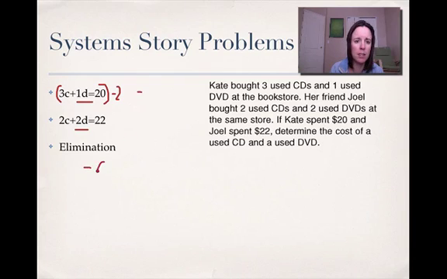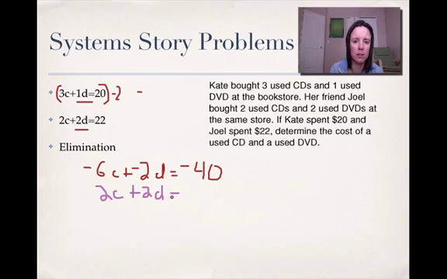So -6c plus -2d equals -40. Making sure I multiplied everything. And then we've got our original 2c plus 2d. And that equals 22.